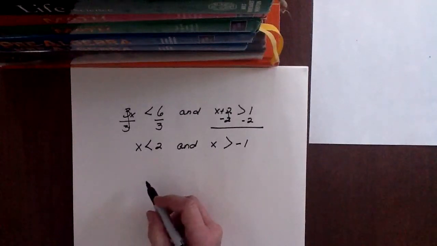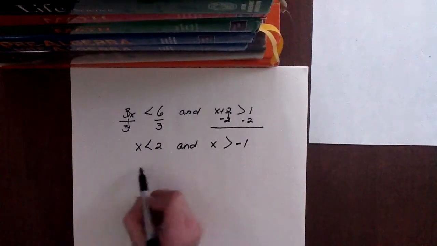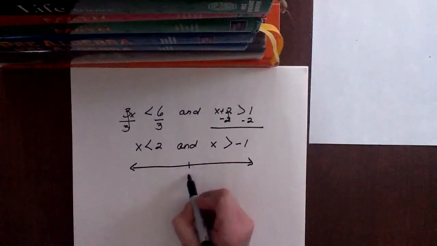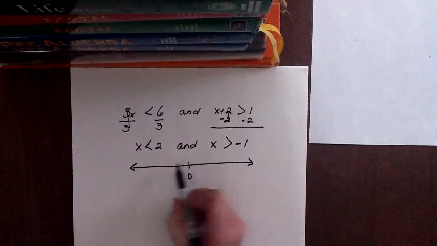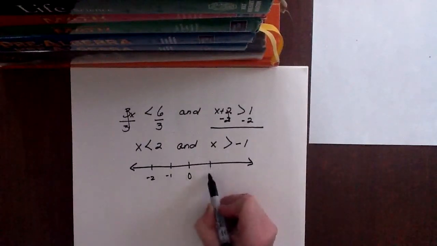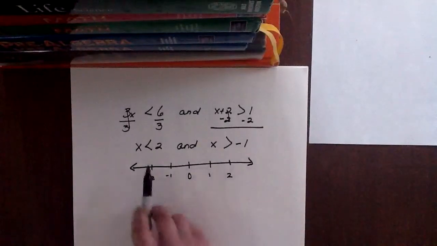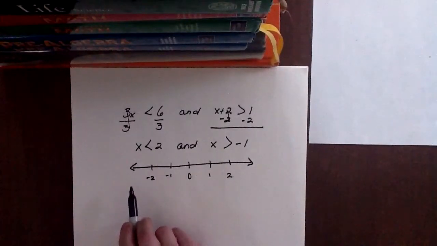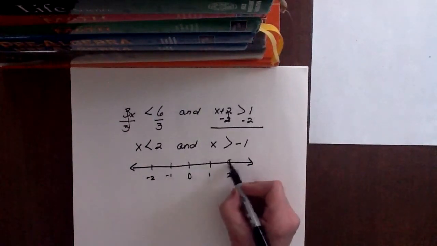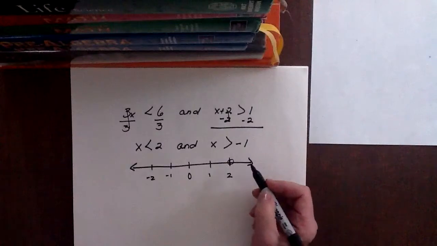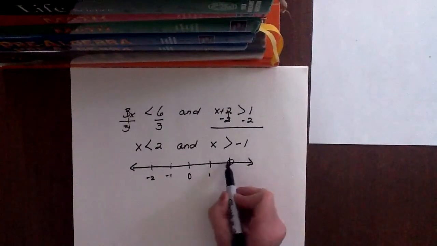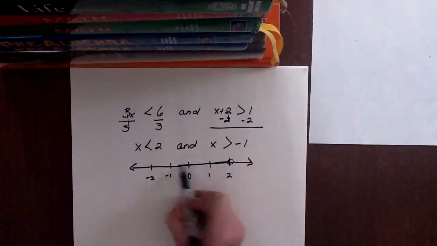So now we have these two boundaries, these two parameters, and we're going to put them on a regular line graph. We're going to start with negative 1, negative 2, and over here 1 and 2. Since there's no equal sign, this is just a strict inequality, so we're going to start at 2 and put a circle here without any fill, and anything less than 2 is going to satisfy this inequality.